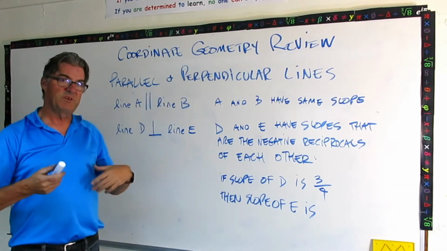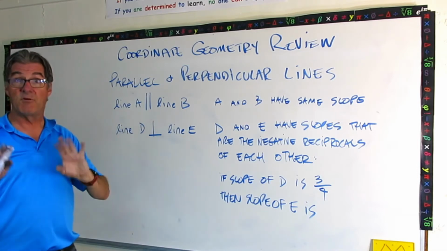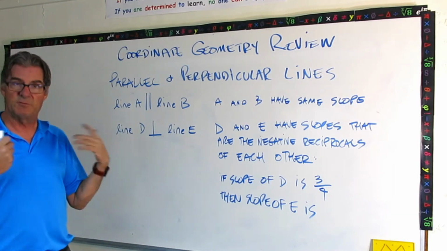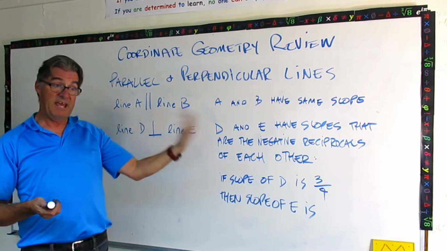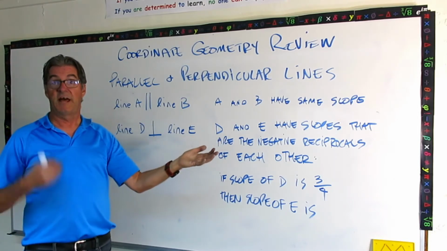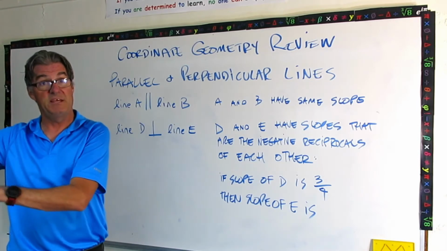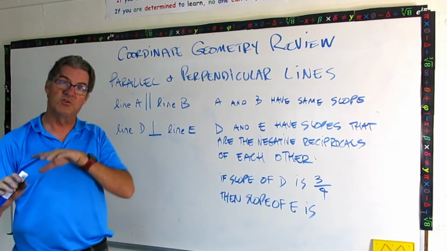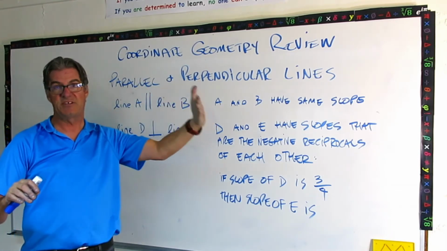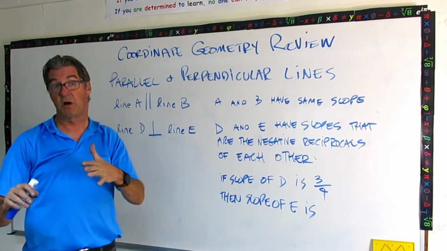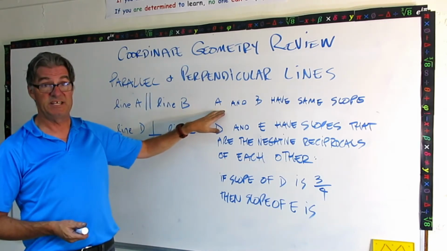And so we use this information to set up a number of things, but basically you might be told somewhere along the way that line A has a slope of such and such, line B, which is parallel to A, and then they'll tell you some other stuff about B. You might have to find its equation. So you use the slope from A, because you know A is parallel to B, has the same slope. So that's how they might use that idea.